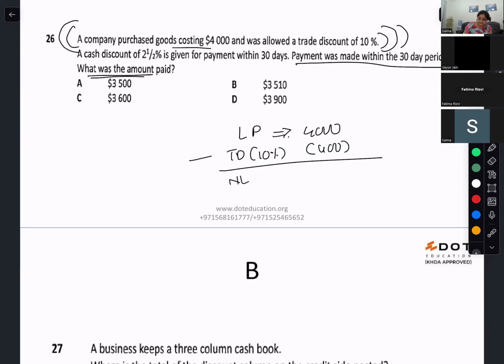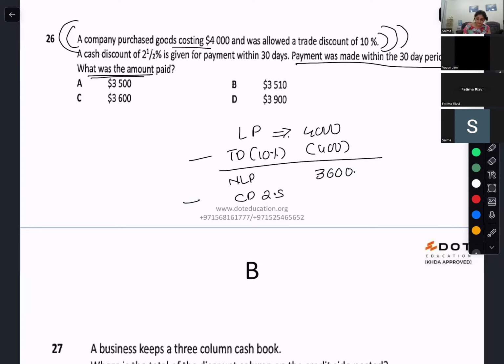Then you get 3,600 net list price. When you come to cash discount, first check whether you need to calculate it. The payment was made within the 30-day period, so the cash discount is applied.